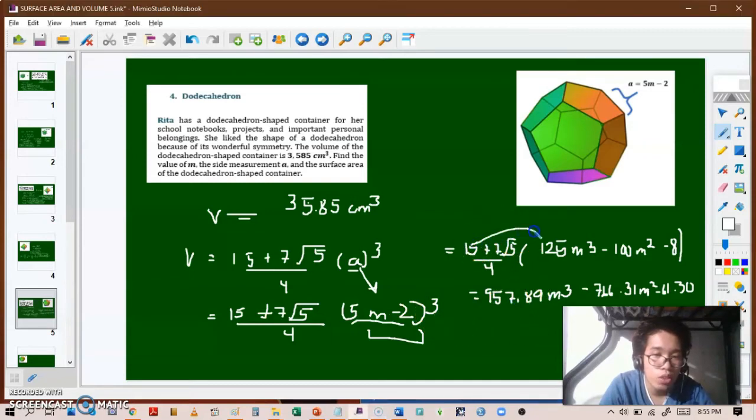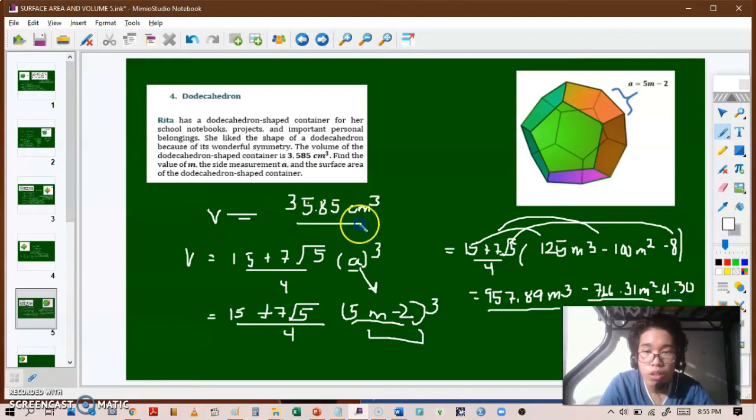And then if we distribute this constant that we have here on the left side, that will give you 957.89m cubed minus 766.31m squared plus 61.30m minus 61.30 is equal to the volume of the dodecahedron, which is 3,585.